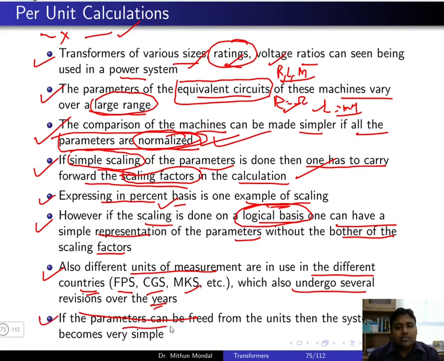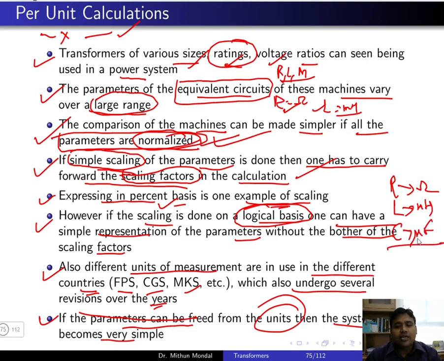If the parameters can be freed from the unit, then the system becomes very simple. So if the unit of resistance is ohm, the inductance is in millihenry, and the capacitance, suppose, is in microfarad, and we do some type of normalization and try to free the parameters, meaning all this resistance, inductance and capacitance become only a number, then it will be free from the units.